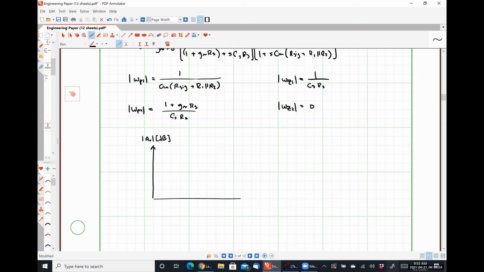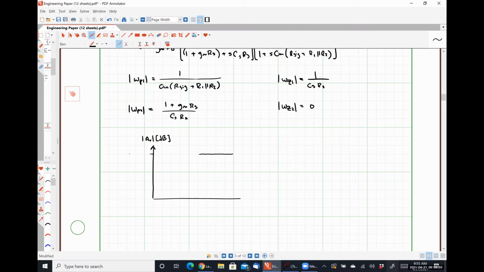Every time I have a pole, I should be expecting a roll off of negative 20 decibels per decade. And every time I have a zero, I should see an increase of positive 20 decibels per decade. So I am going to start over here and say that this region is where my midband starts.